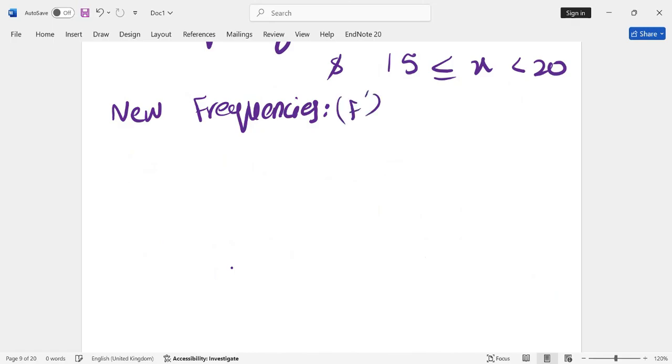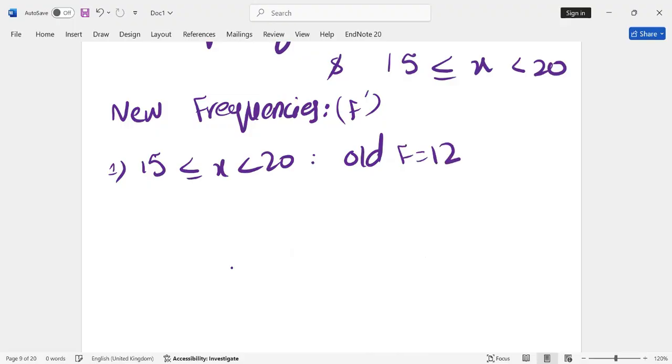So the first thing we have 15 less or equals to x less than 20, and old we have f equals to 12, and the new we have f prime equals to 12 minus 4, that is equals to 8.